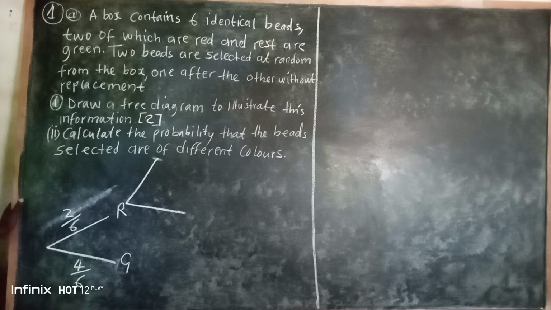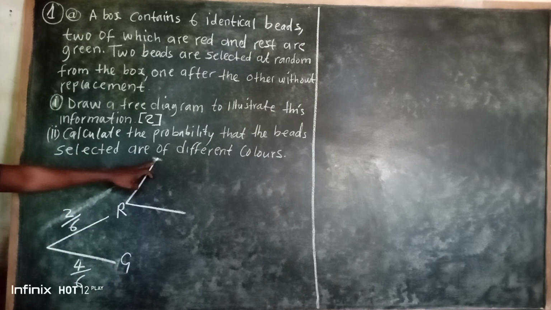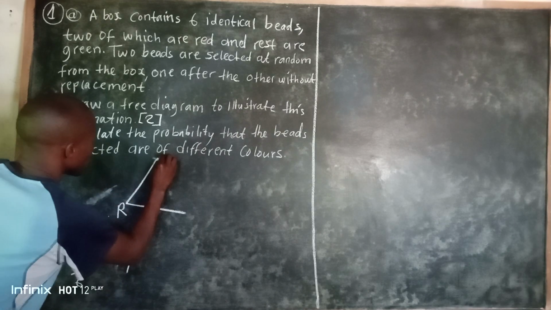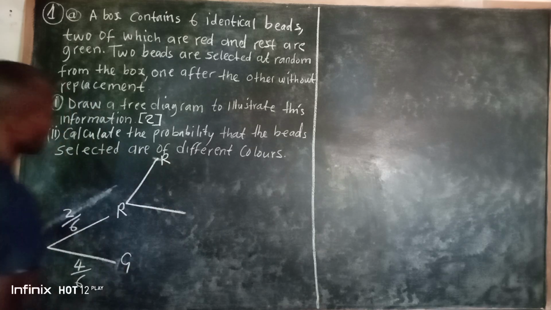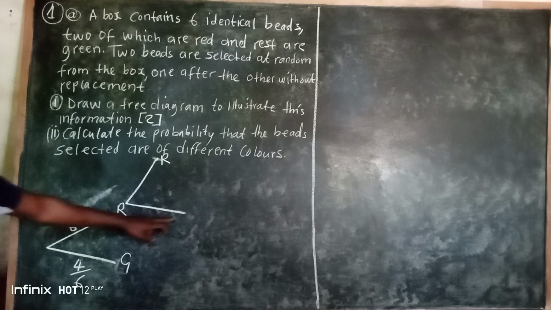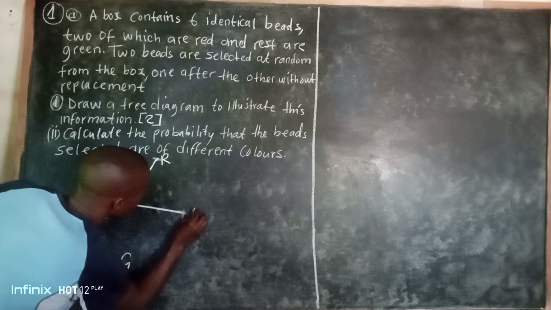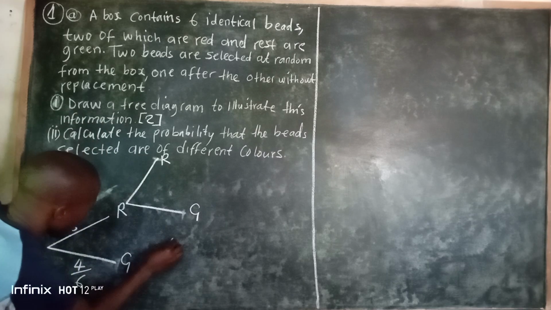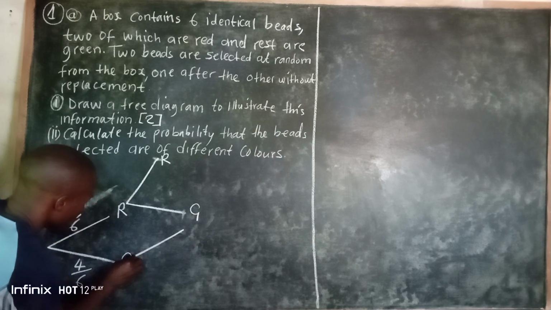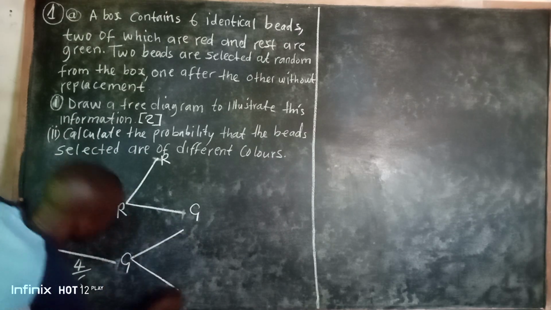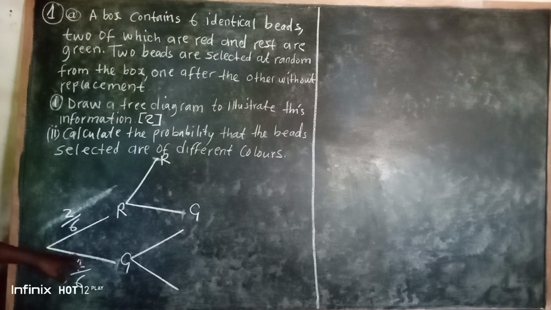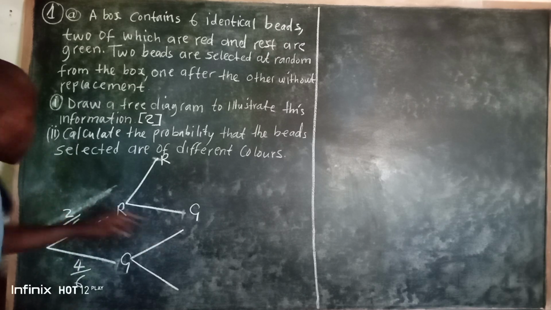Remember the first arm is for red, so we write red there. Then the down one will be for green. Same here, we are going to do the same. So the first one is red.